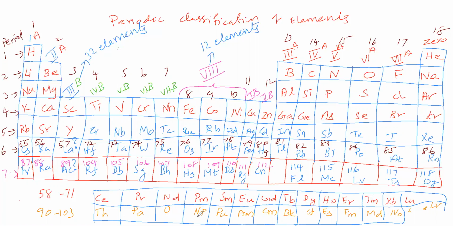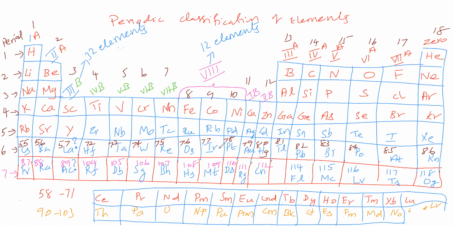Therefore the periodic table now looks beautiful, and it is constructed like this. This is called the long form of the periodic table. This long form is constructed based on atomic number, chemical properties and electronic configuration.